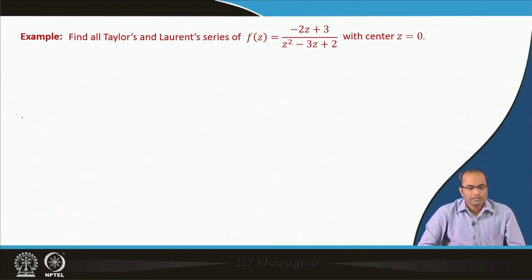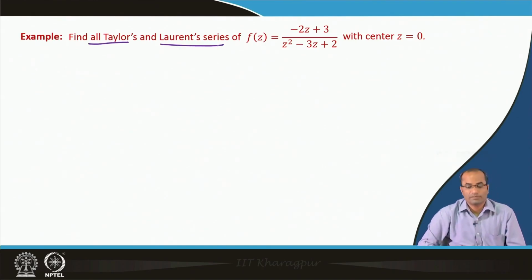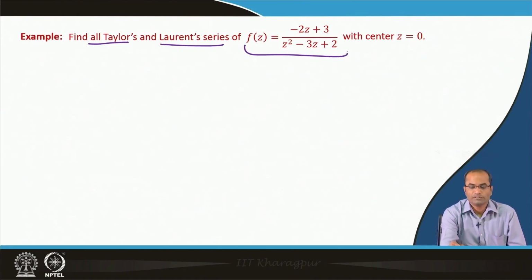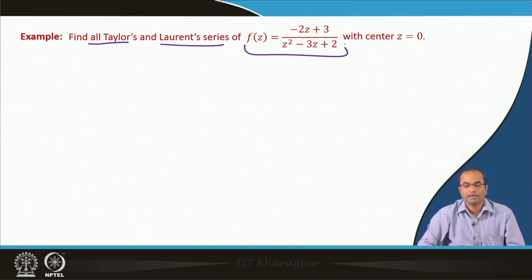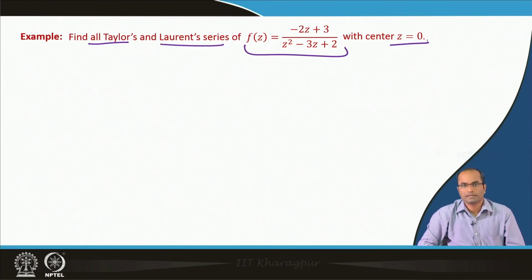Okay, coming back to this example, now we want to find all Taylor and Laurent series expansions for this function. The function is given by minus 2z plus 3 divided by z square minus 3z plus 2, and the center here we want to take z equal to 0.